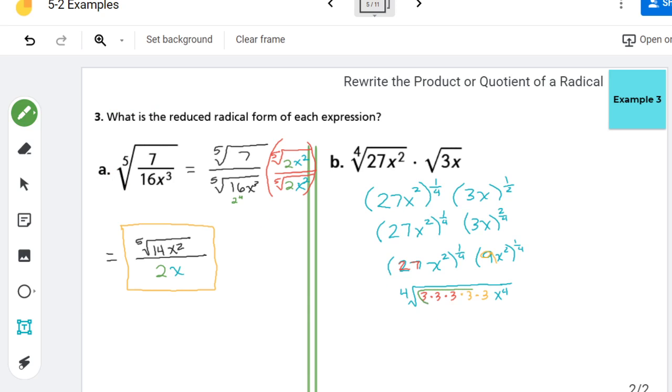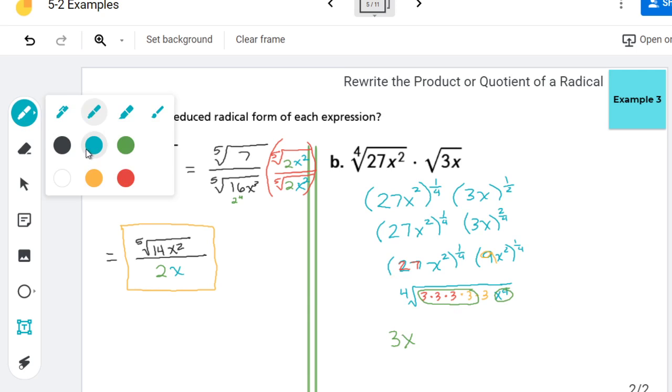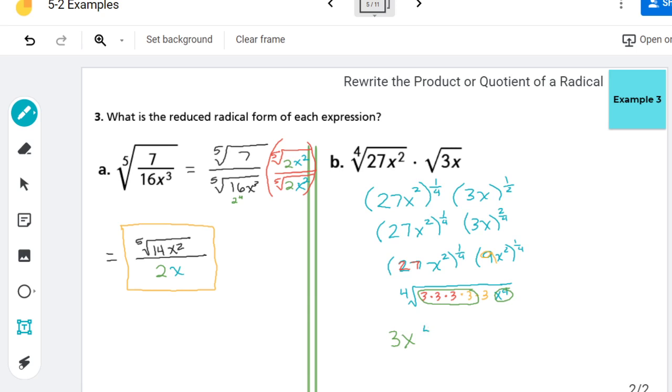If you look right there, I have 4 3's, so I'm going to pull a 3 out. I also have an x to the 4th, so I pull an x out. Then I look back in my little house and I see who's there. Well, there's this 3 sitting alone playing World of Warcraft just like the rest of his friends. So that is our reduced radical form on that expression.